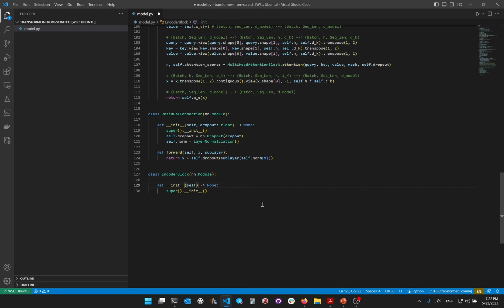As I saw before, we have the self-attention block inside, which is the multi-head attention.